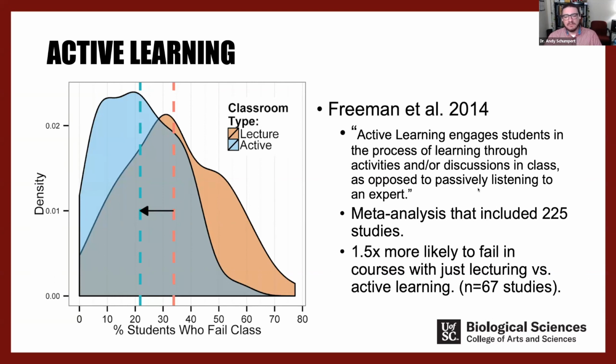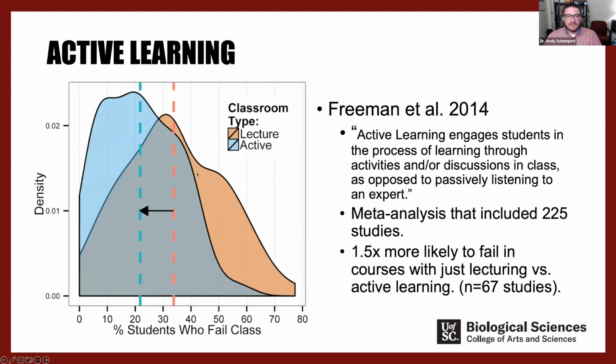And so they conducted a meta-analysis, and they were looking specifically to see if things like the percentage of students who fail a class would change in a lecture style versus active learning.